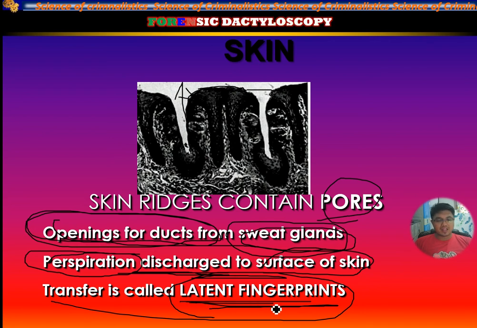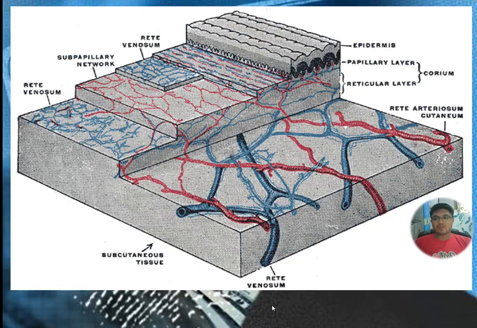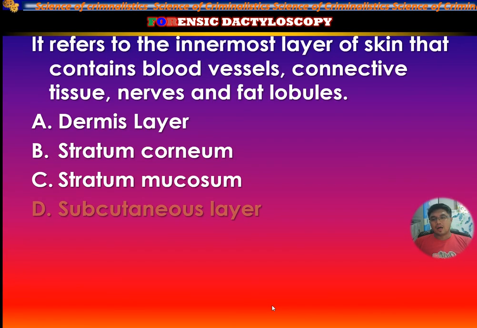Yan ang tinatawag nating latent fingerprints. Doon sa ating unang mga topic, pag sinabi nating latent fingerprints, of course, these are fingerprints that can be found on the crime scene. These are fingerprints that may easily be removed or erased because these are not yet developed.